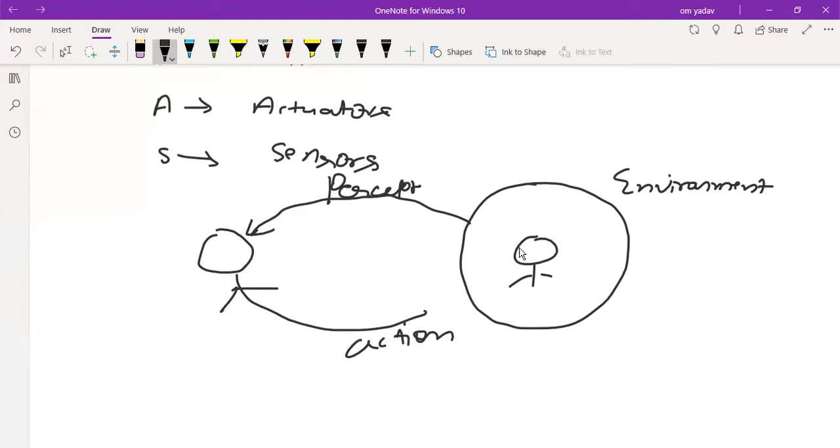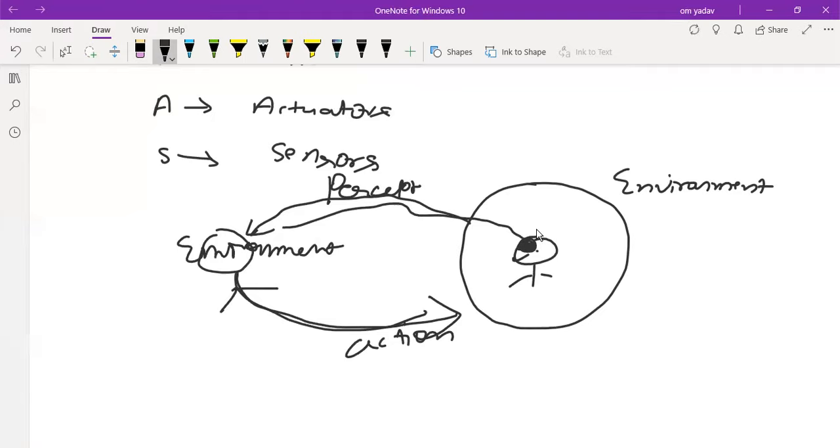So let's say this agent has certain sensors. Sensors will keep sensing the data, right? With the help of sensors it will acquire the inputs. So let's say the sensor will sense the data from the environment. Suppose this is the environment, and the agent itself is surrounded by the environment. So it will perceive the data from the environment, and then based on that data it will perform certain task or action.